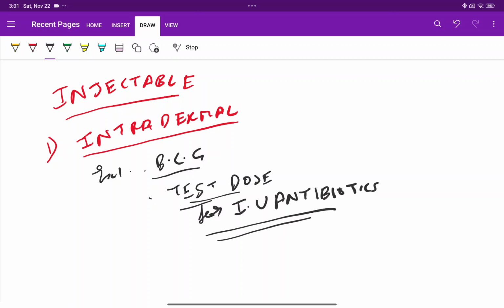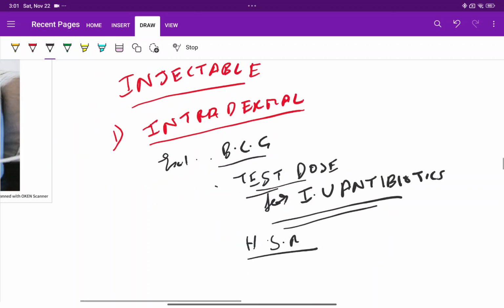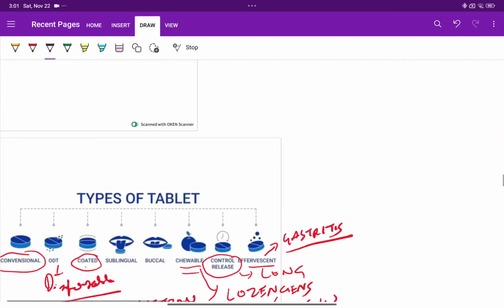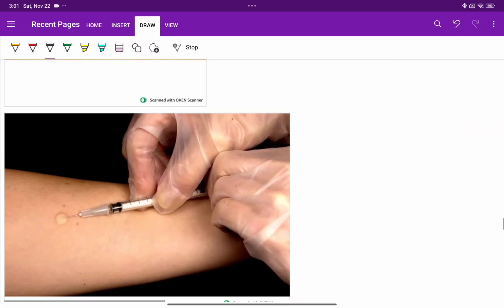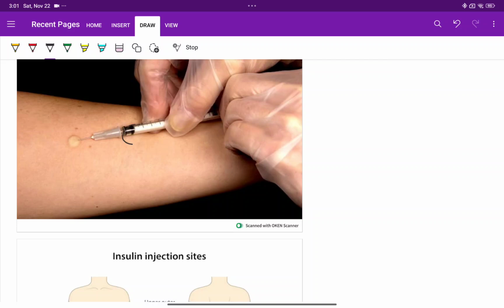Usually IV antibiotics have more hypersensitivity reactions. That's why we have to take 0.1 ml of the antibiotic drug which needs the test dose and give it in the intradermal area.